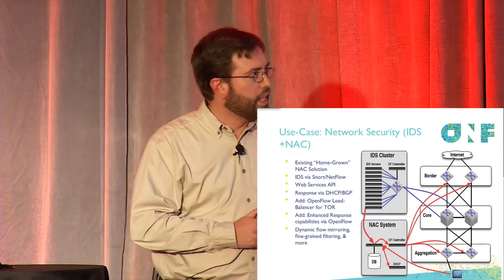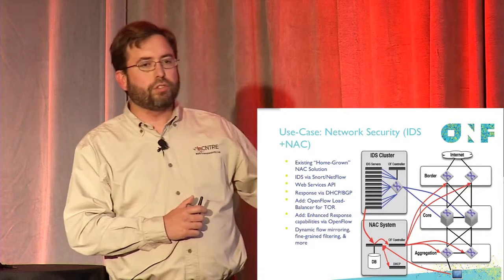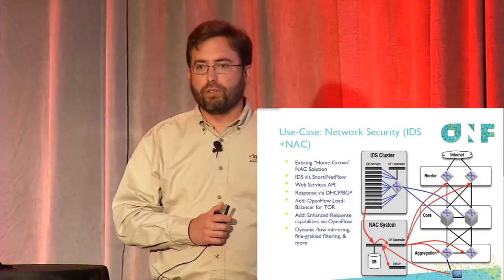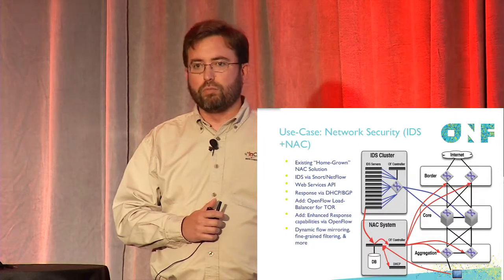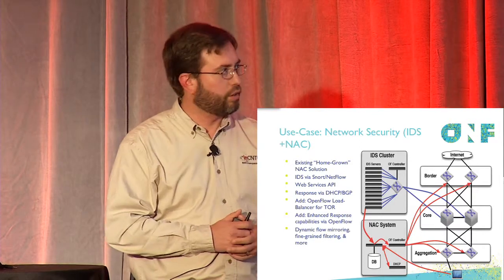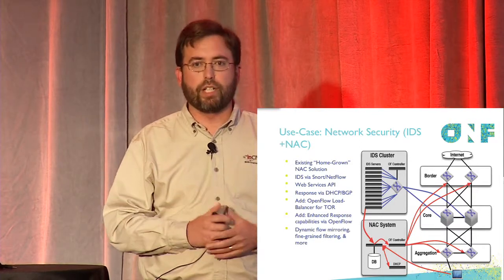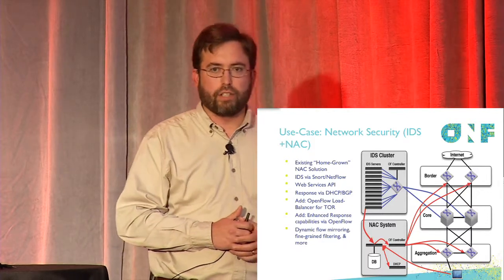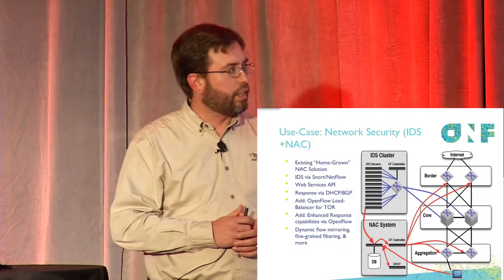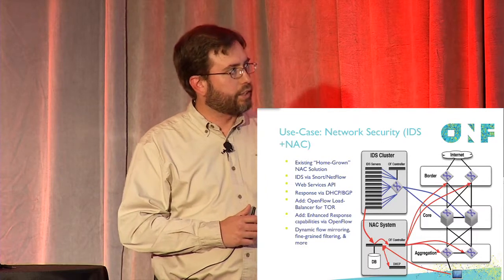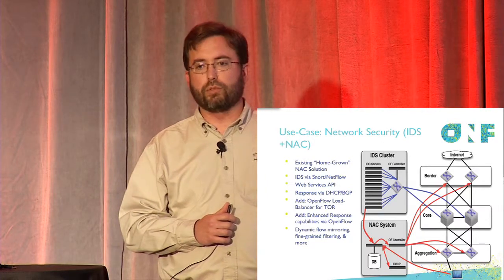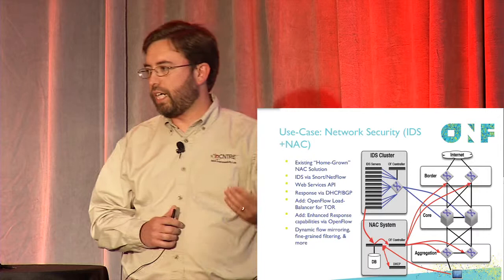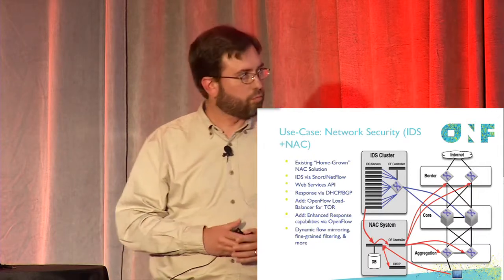But the next piece is then to take all these other mechanisms. Using DHCP and BGP to affect attack mitigation on your network is probably not the best way to go about it. It's a pretty coarse granularity of control. We really want to start building into that NAC system the ability to go into the routers, to the switches, to the firewalls, and start blocking that traffic using OpenFlow.